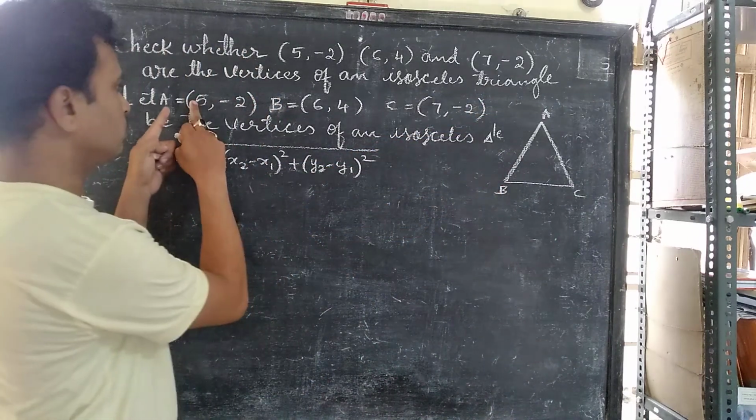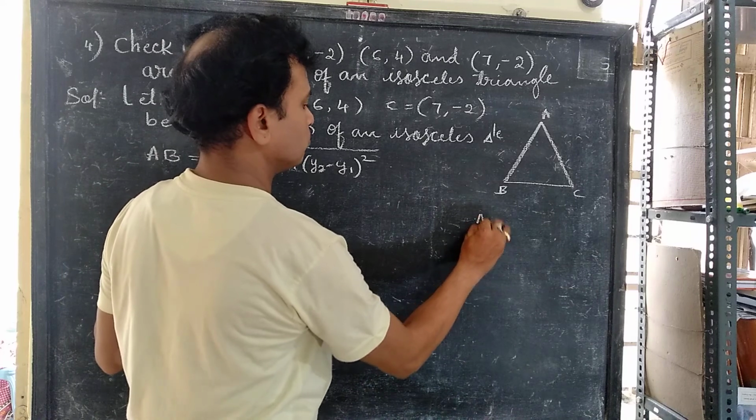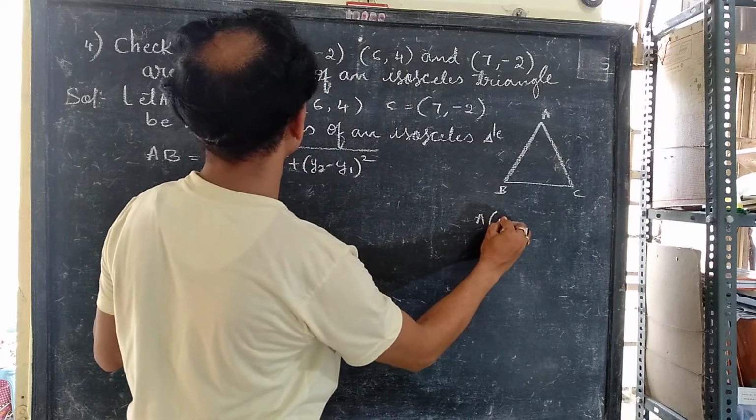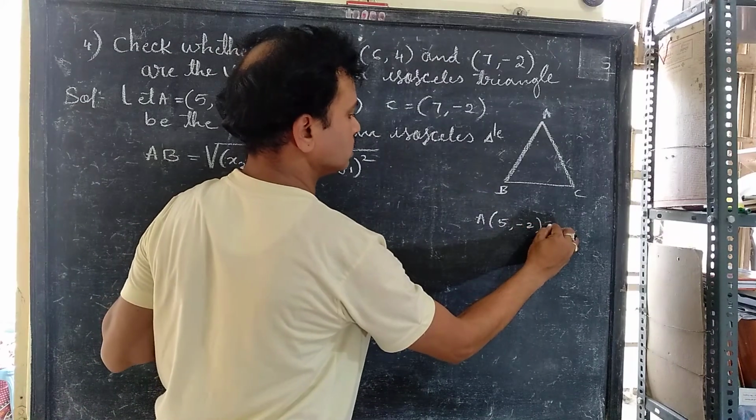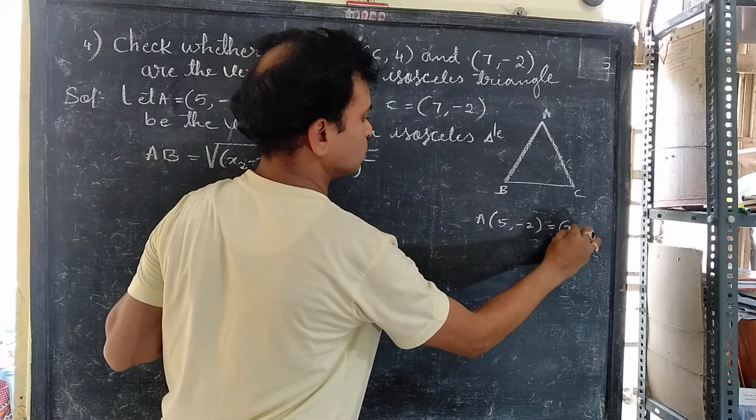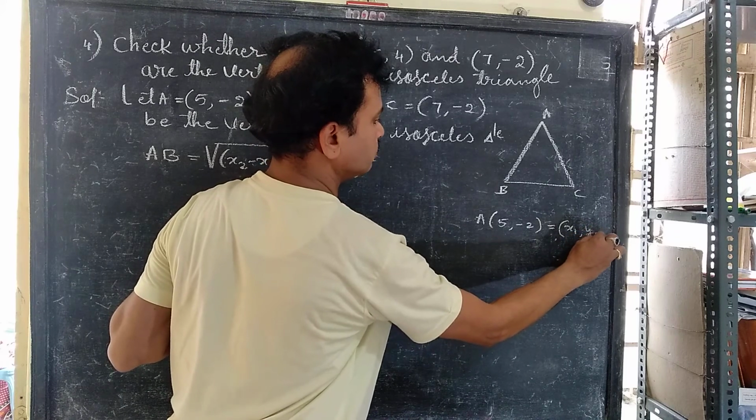Now we are going to find the distance between A and B. The first point A is (5, -2), so we take this as x1, y1.